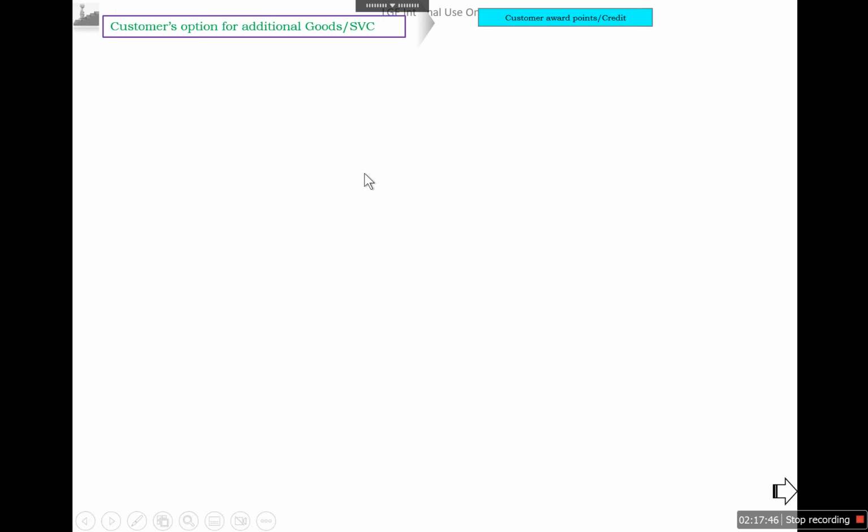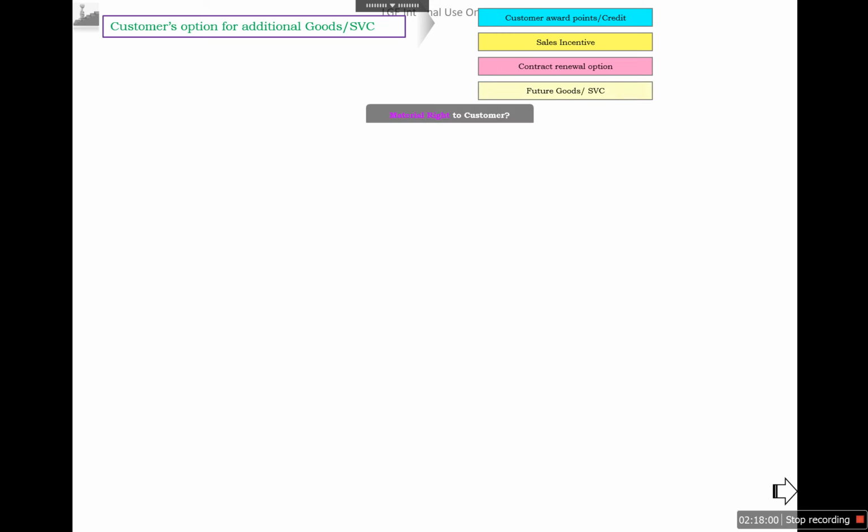Next is customer option to buy additional goods. Sometimes there are offers in the market for reward points, credits, sales incentives, contract renewal options, and future goods and services. In that case, we need to check whether these give material rights to the customers.